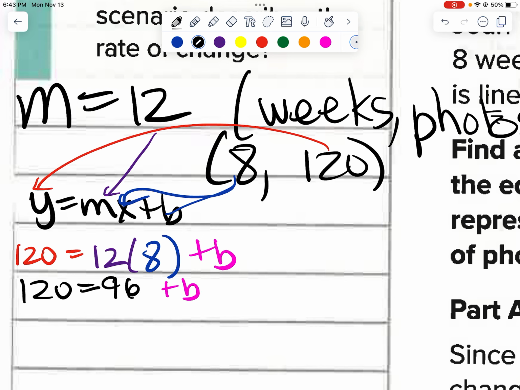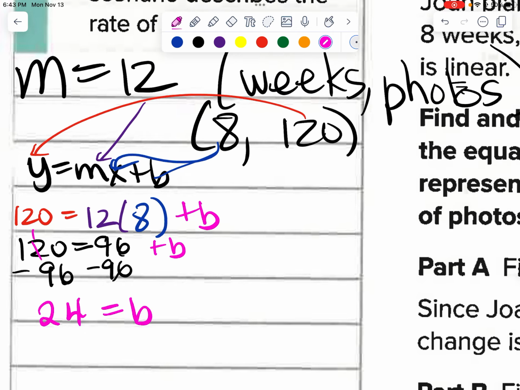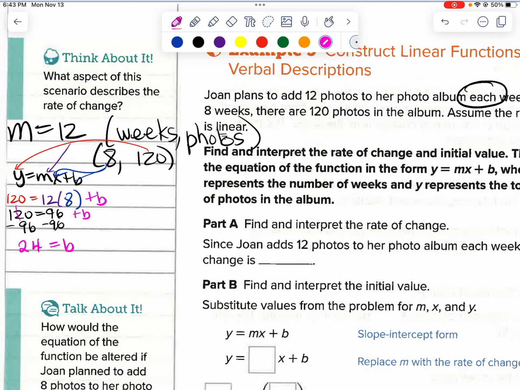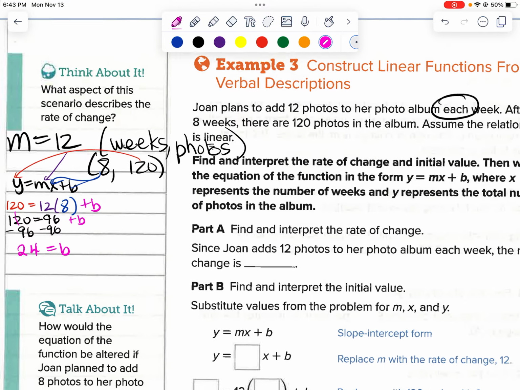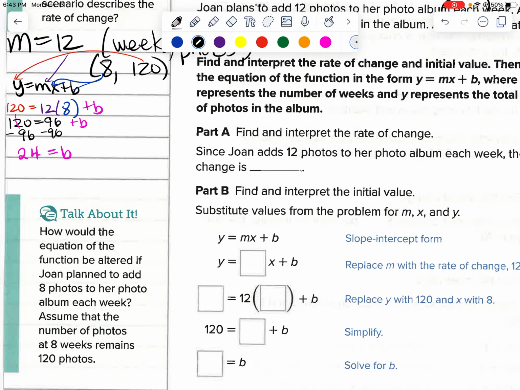I subtract 96 from both sides, and I get 24 is equal to b. So my equation is going to be y equals 12x plus 24.